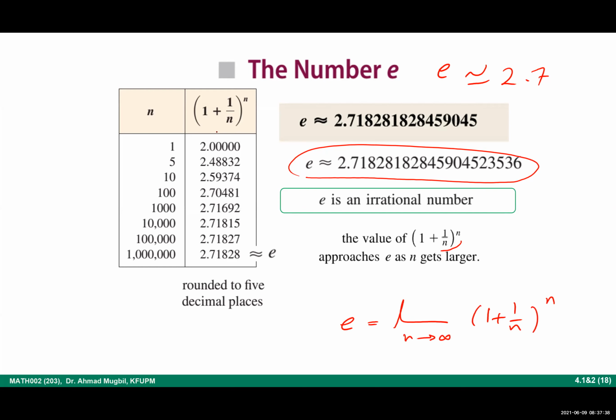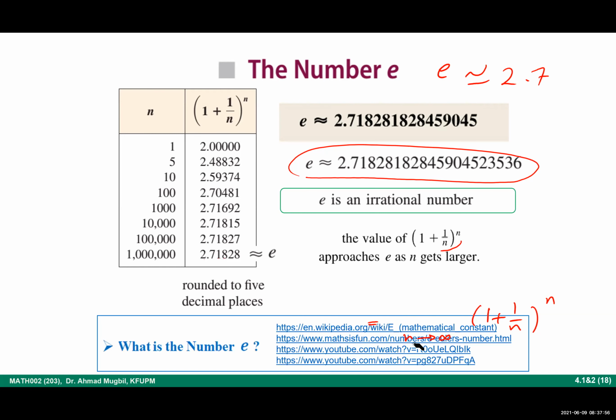Look here, when n is getting larger and bigger, this value is getting closer and closer to 2.718281.